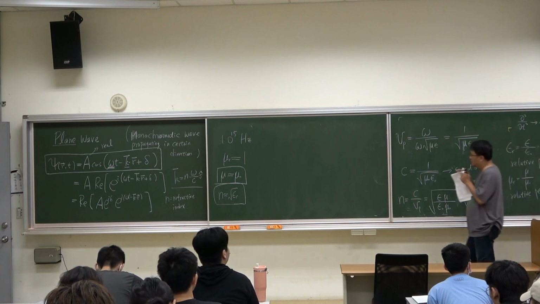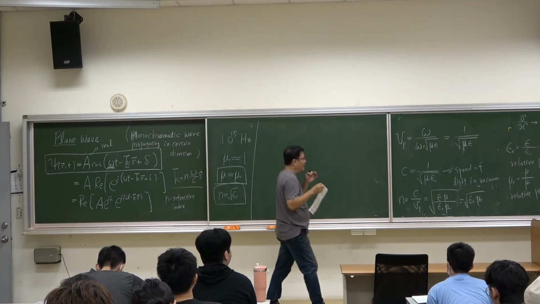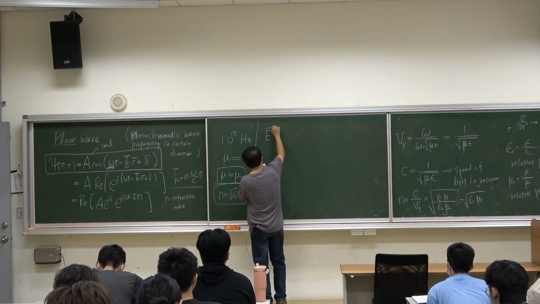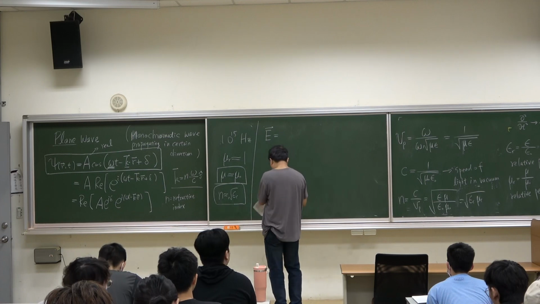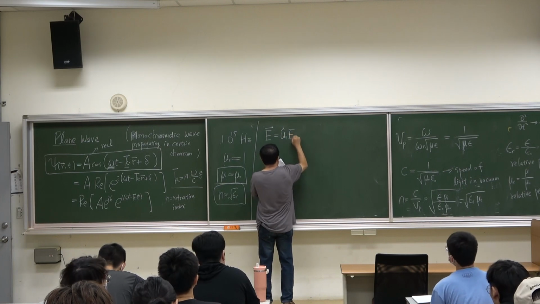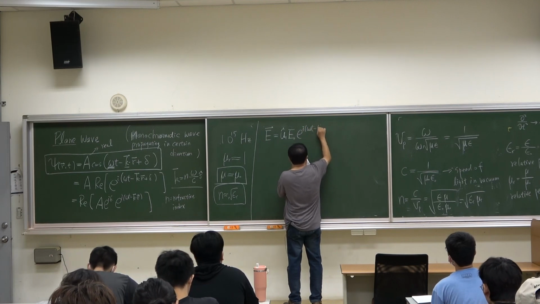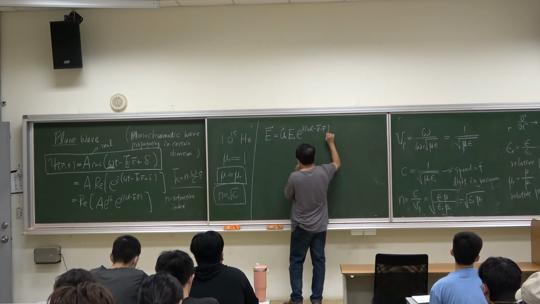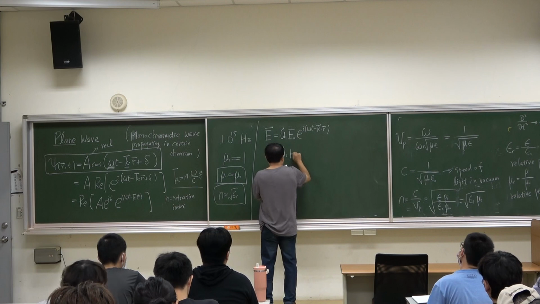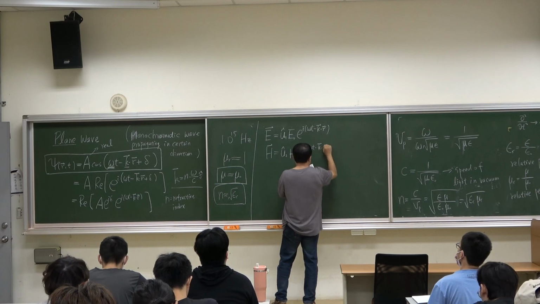Now we want to know the polarization property of the electromagnetic wave. Suppose we write E as U1 times E0 times exponential i omega t minus k dot r, and write H as U2 times H0 exponential i omega t minus k dot r.